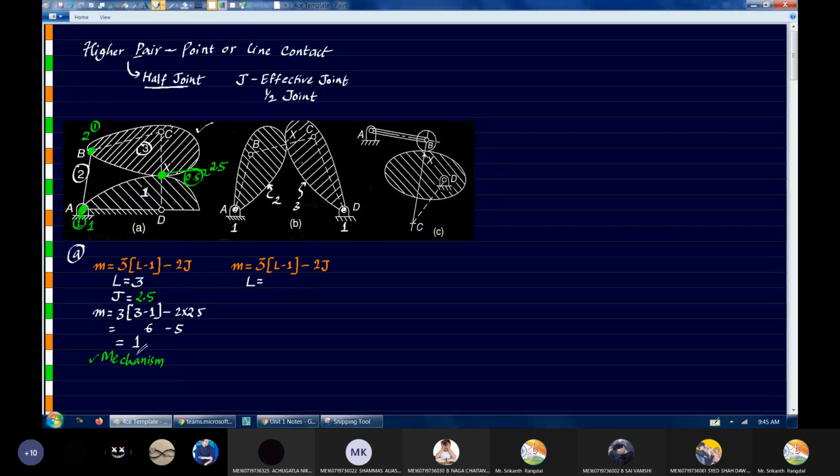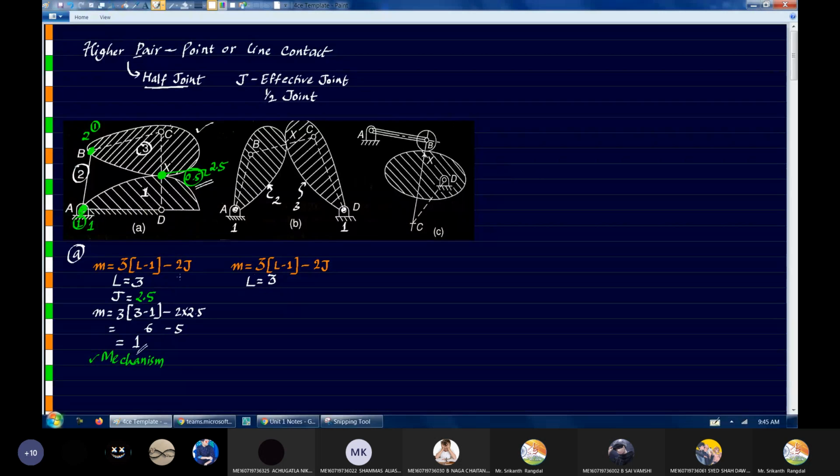There is no other part which is moving relative to other part, right? So there are 3 links here. Now we will take this problem up in a slightly different way. What I told here is to count this point contact joint as half a joint.